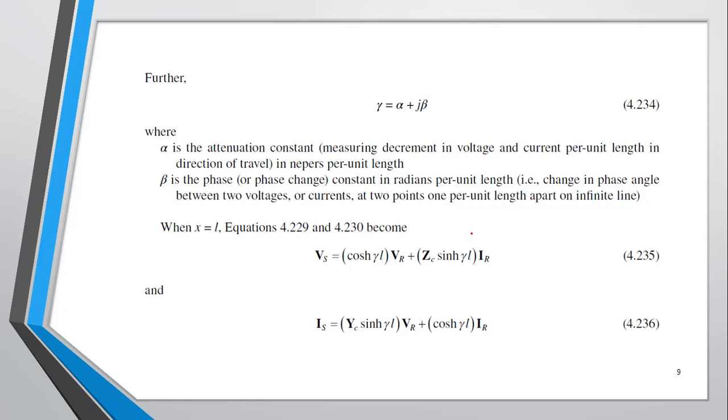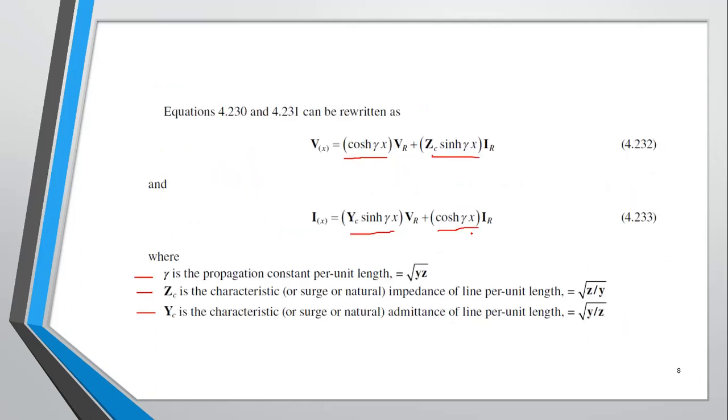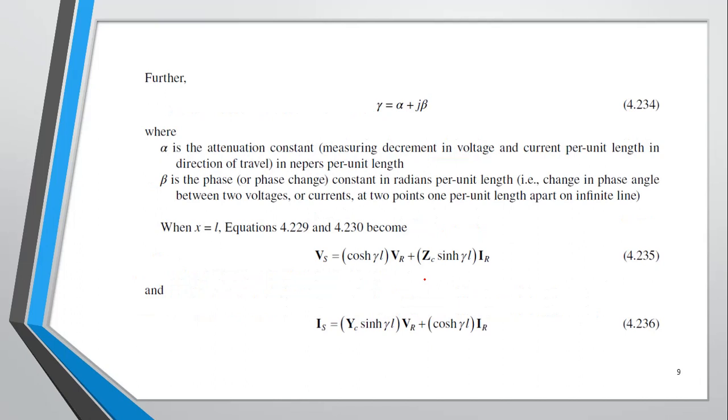Secondly, gamma is the combination of Y and Z, and as Y and Z both are real plus imaginary, in order to define gamma we can say that it is alpha plus j beta. Alpha is the real component of gamma, and beta is the imaginary component of gamma. So the overall equation would be this one.